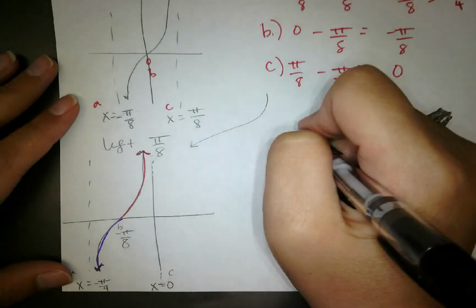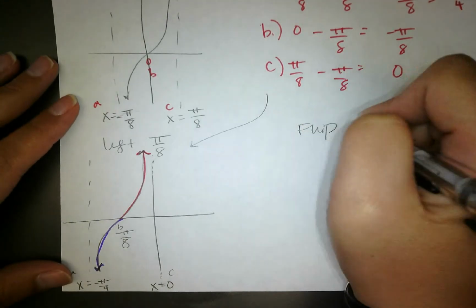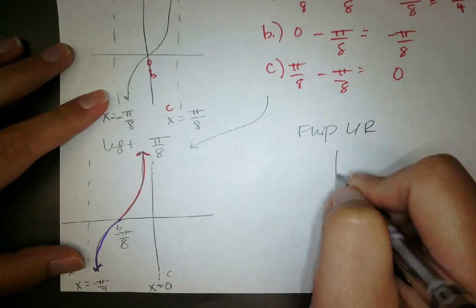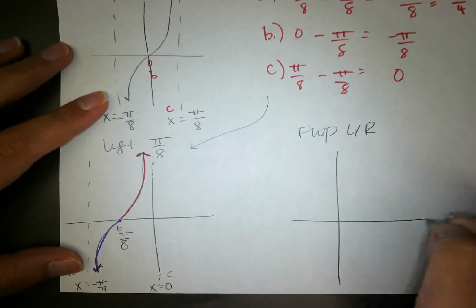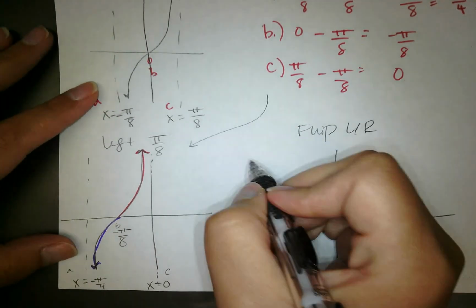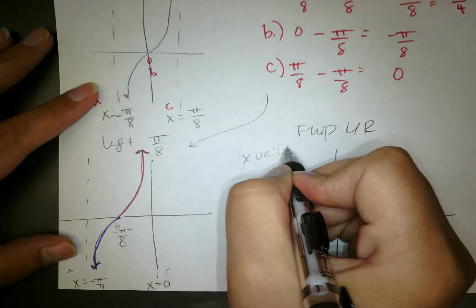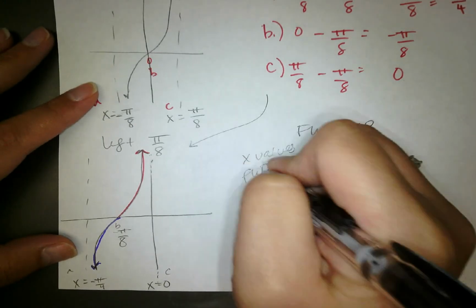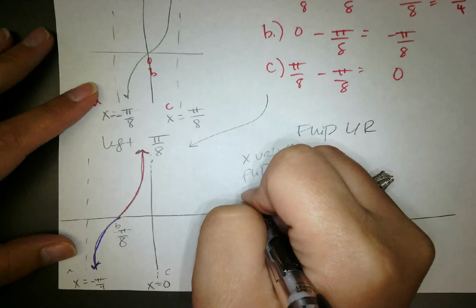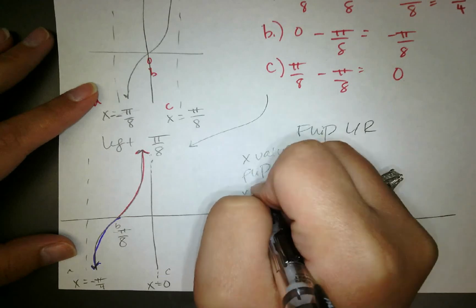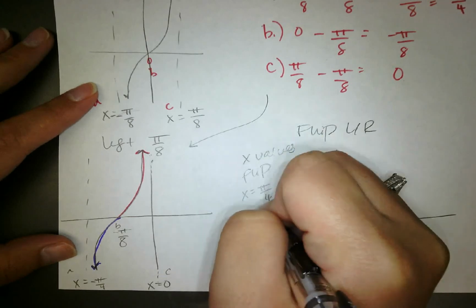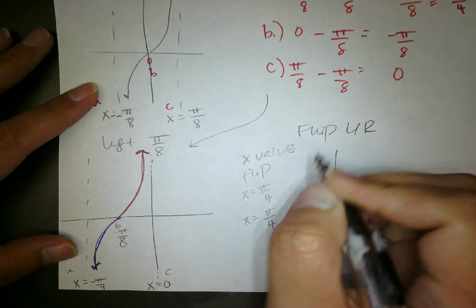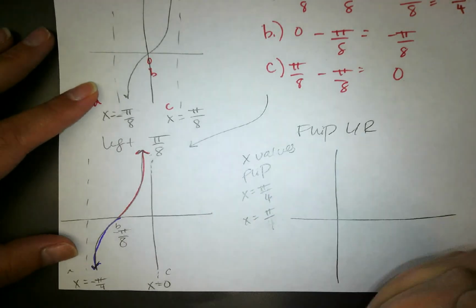Flipping left, right, affects our x values. So x values flip. So we go to x is positive pi over 4, x is positive pi over 8, and x is 0.